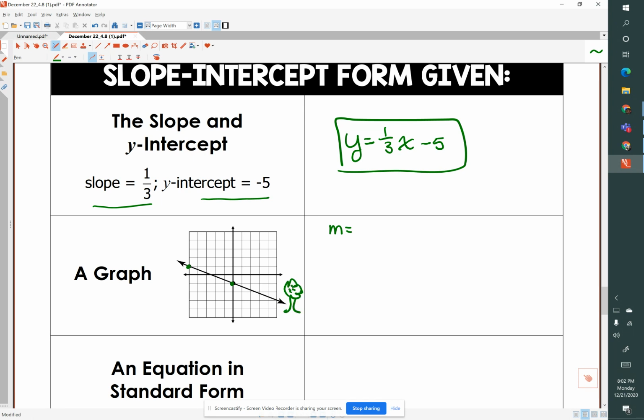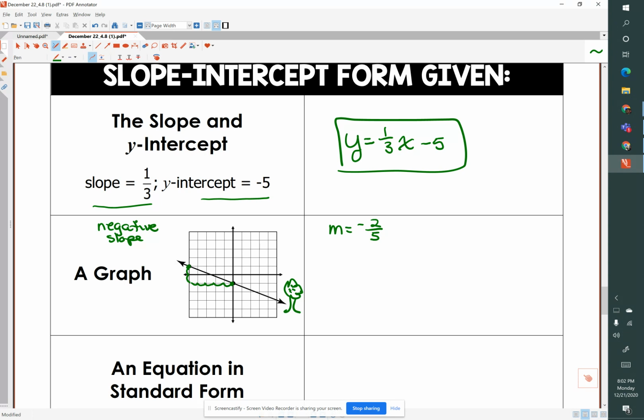That's sort of how we remember it. So this is a negative slope, and you can go down 2 and to the right 1, 2, 3, 4, 5.